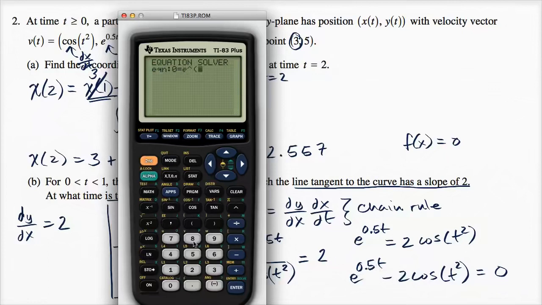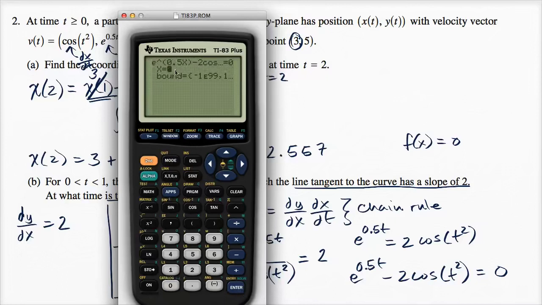It's the same thing, I'll get the same answer. So e to the 0.5x minus 2 times cosine of x squared is equal to 0. All right, so there you have it.